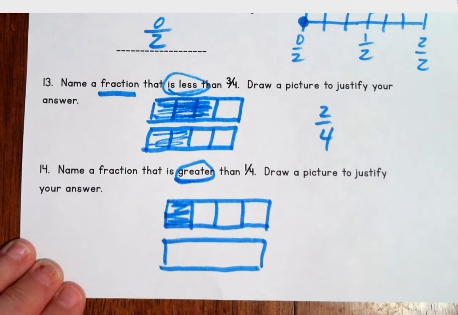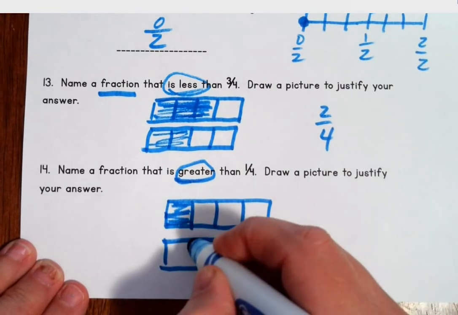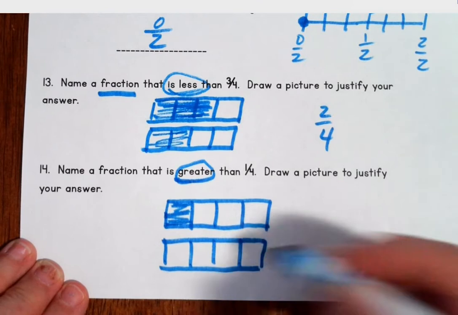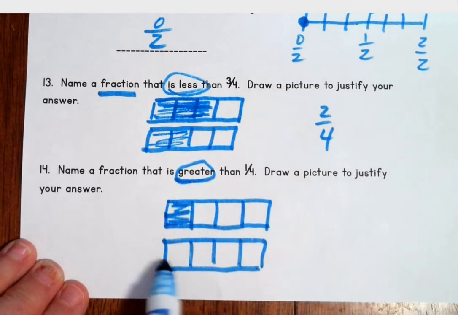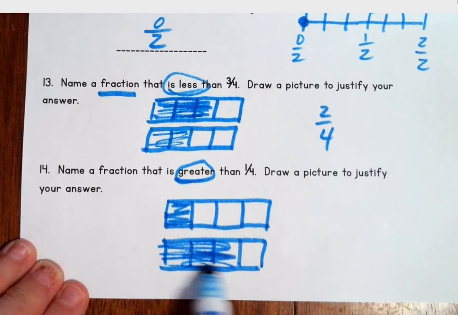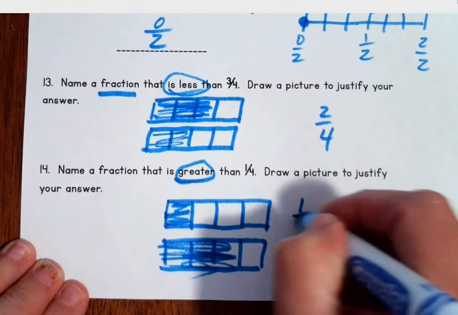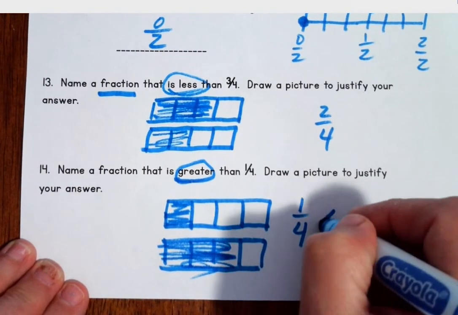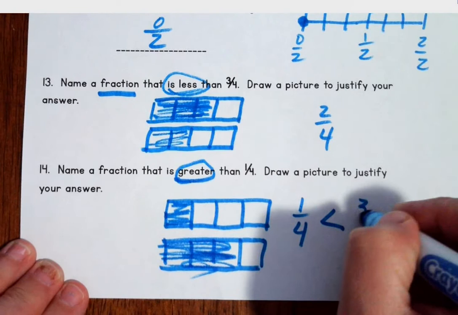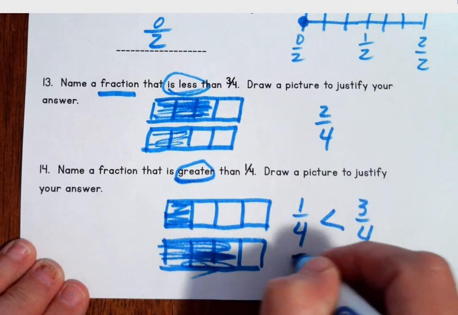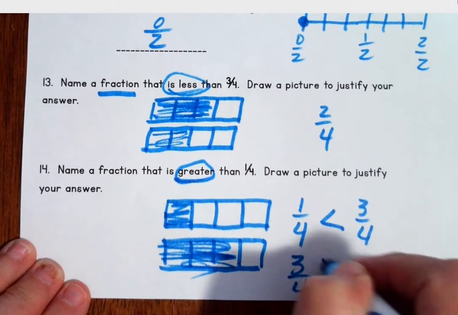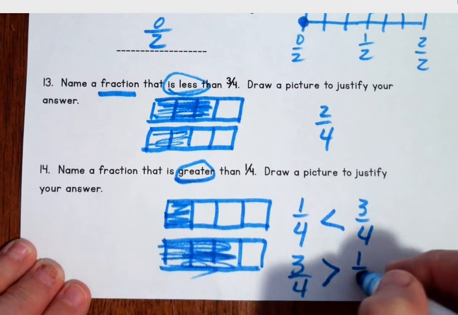Whatever your first one is, make the same picture. You have to base it on the same size whole. And I'm cutting it up into fourths, and I'm going to say 3 of those fourths. So I'm going to say 1/4 is less than 3/4. 3/4 is greater than 1/4.